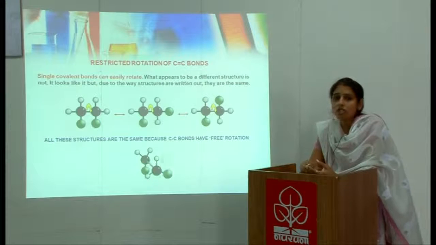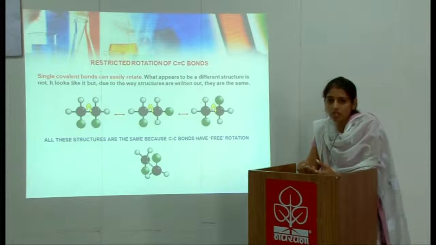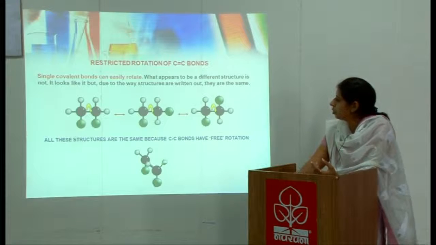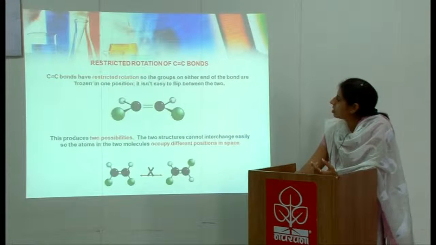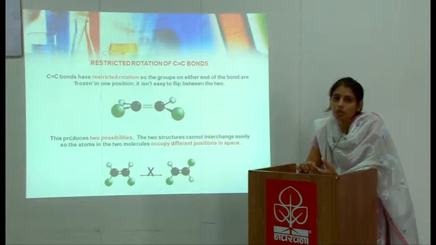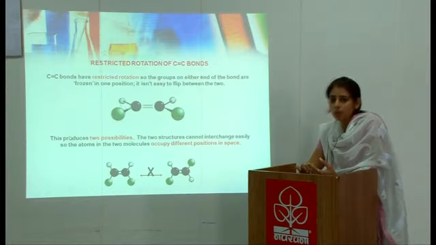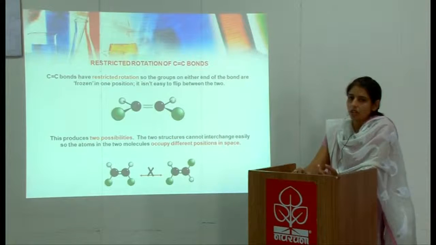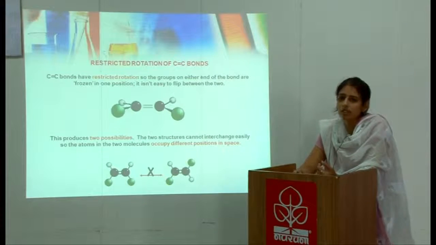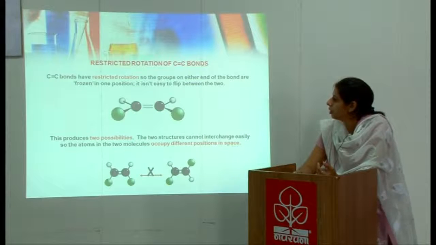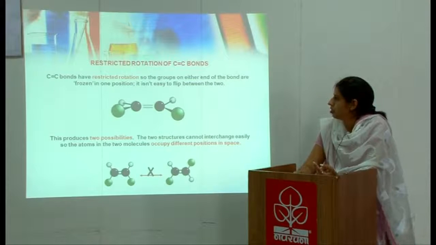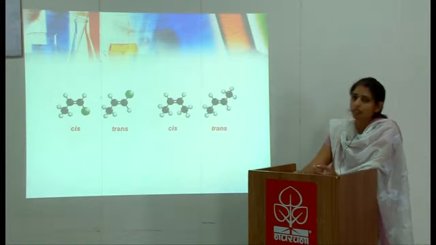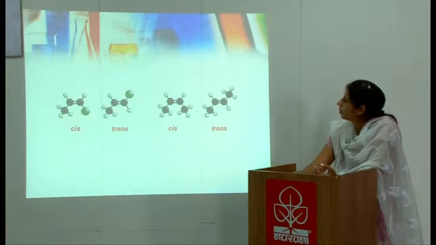But in the case of C double bond C or C triple bond C, the rotation gets restricted, and it's easy to identify groups on the same side and on the opposite side. So cis and trans isomers can be easily identified in compounds having double and triple bonds. These are cis and trans isomers of different compounds.